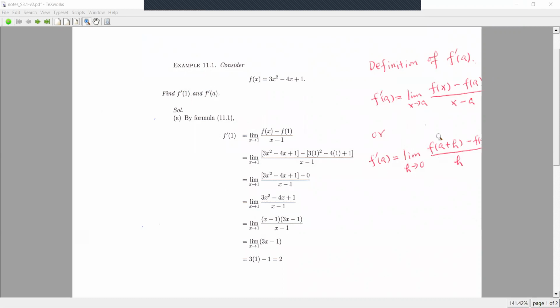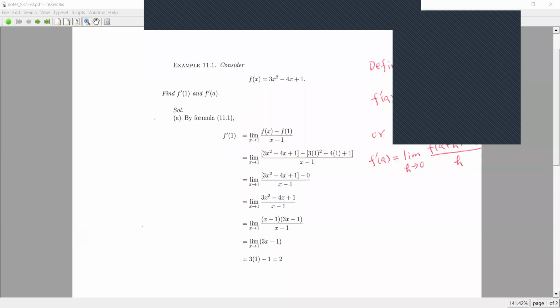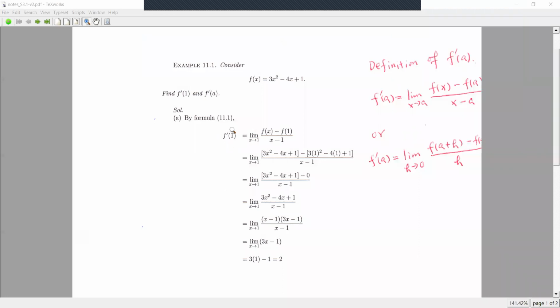Then use this formula to compute the derivative at a. By formula, the derivative at 1 is this limit. Plug in this polynomial in the function f and compute the function value at 1. Then we have this equation. Function value at 1 is 0.